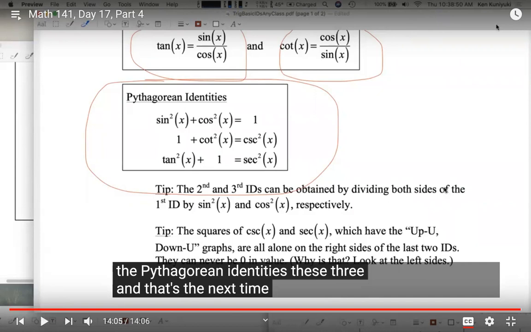Where it should be in the notes? Oh, that's a good point. These can be found at the beginning of 5.1. I know that's past the scope of chapter 4, but 5.1. Also, these are handouts on my website.